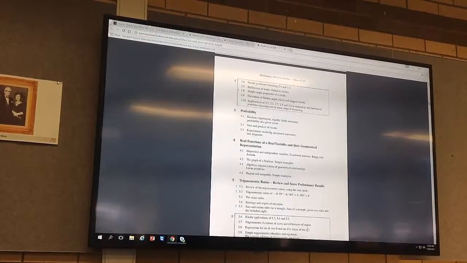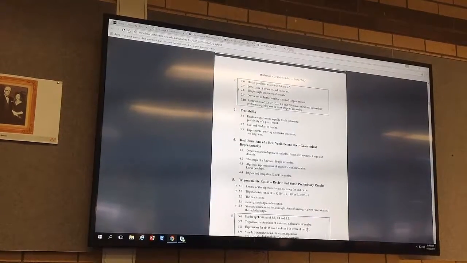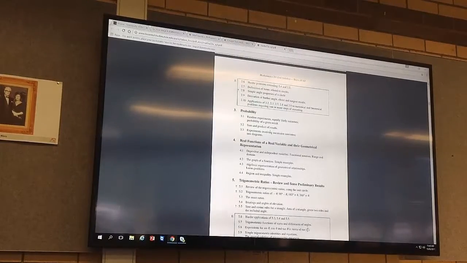Sum and product of results. If I have 4 people come in, what's the probability that they will all order a long black? 1/16. What's the probability that one will order a long black and the other 3 will order a flat white?